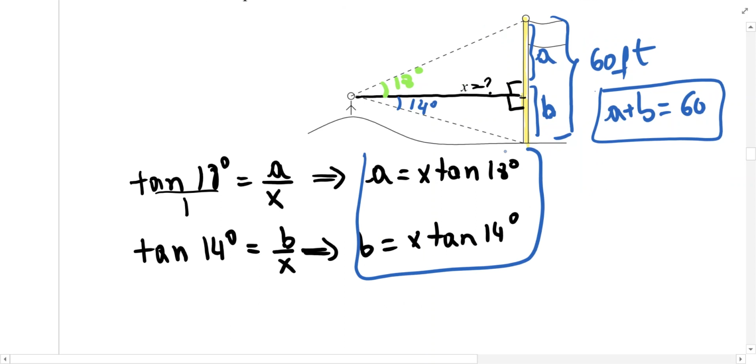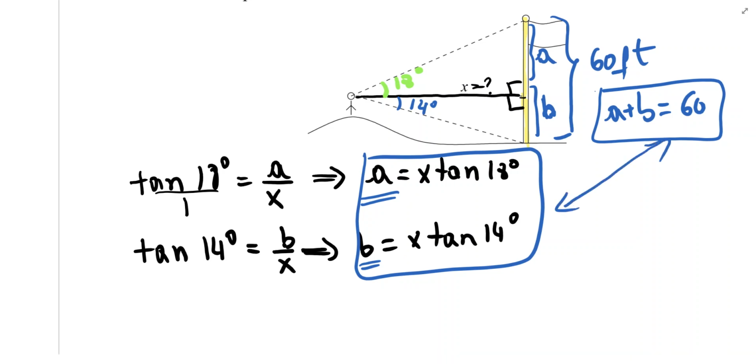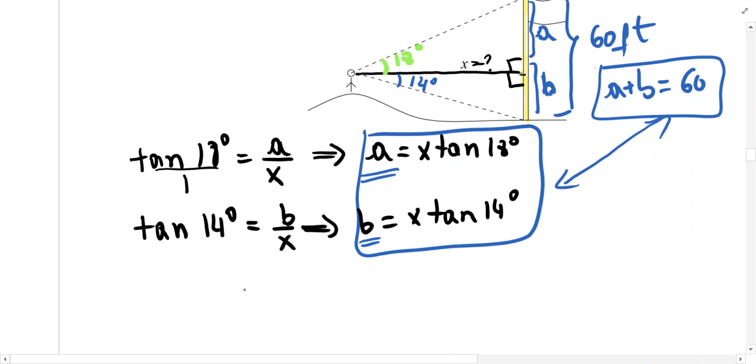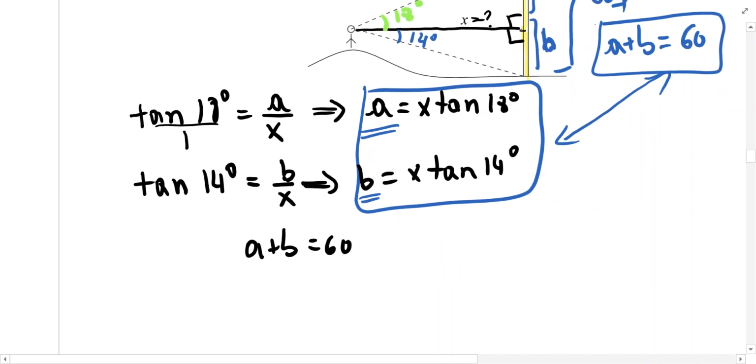So now this is what I'm going to use. Instead of A, I'm going to put X tangent of 18, and instead of B, I'm going to put X tangent of 14, and they have to add up to 60. So instead of A plus B equals 60, I have X tangent of 18 degrees plus X tangent of 14 degrees equals 60.